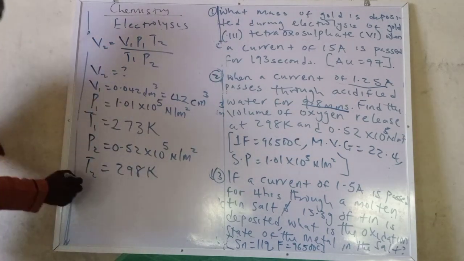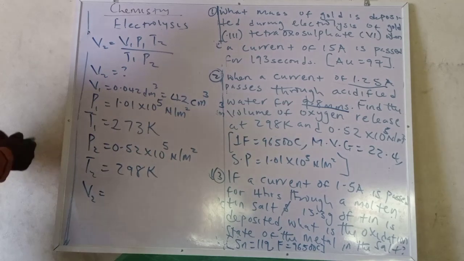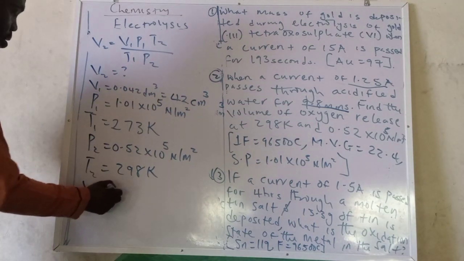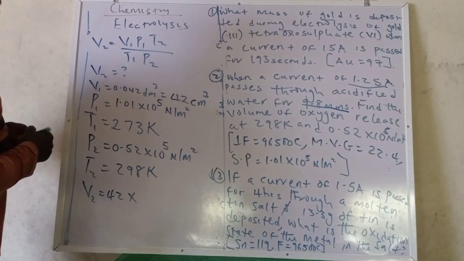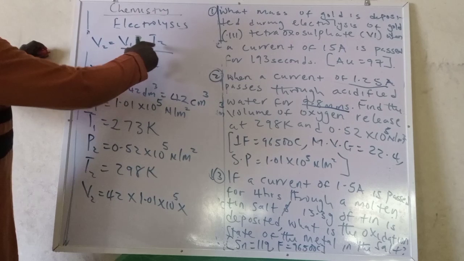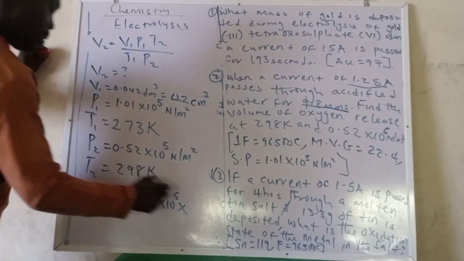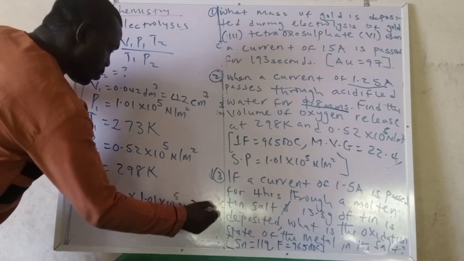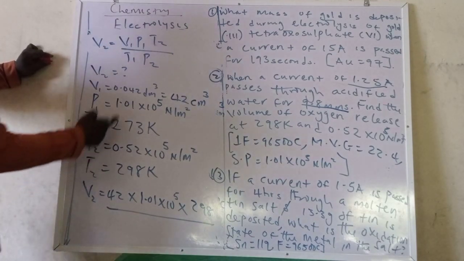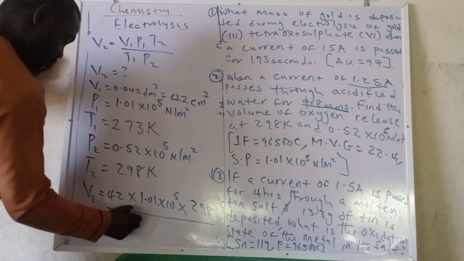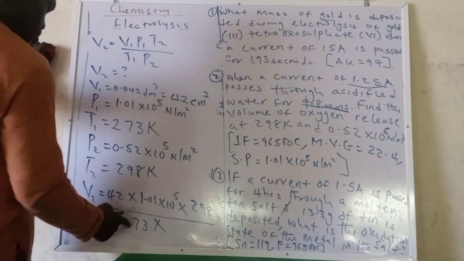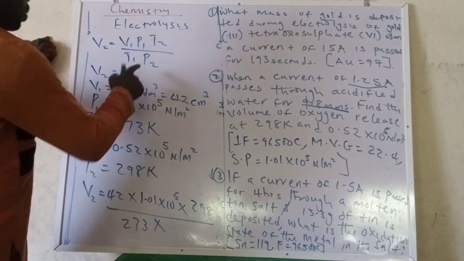So we can compute the value now. V1 is 42, P1, T2 is 298. Oh yeah, we're getting ready to punch. 273, then 273 times 0.5 times 10 to the power of 5, that's P2, I mean.